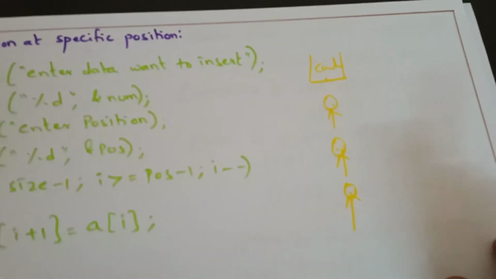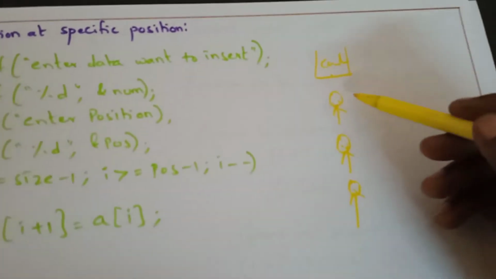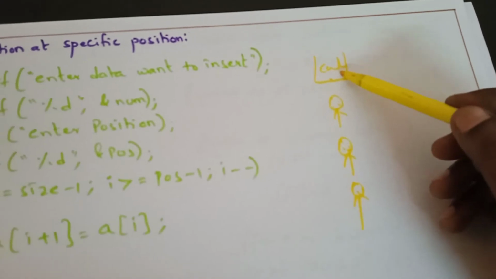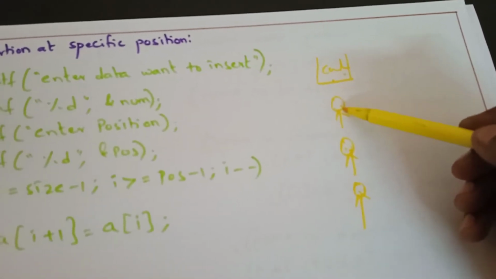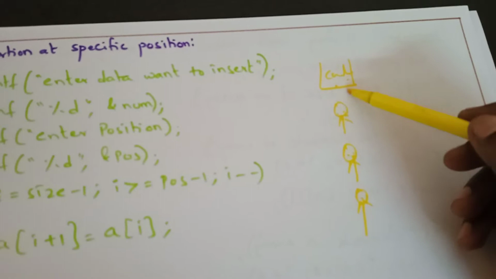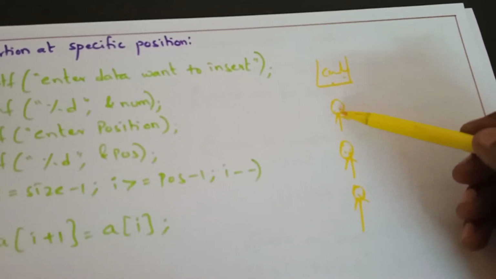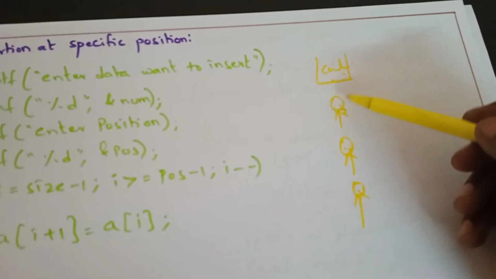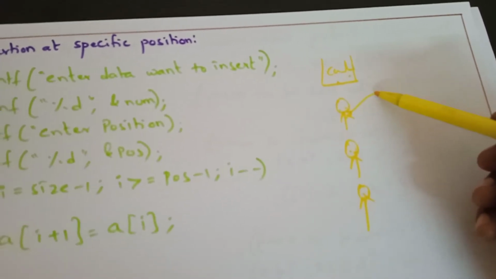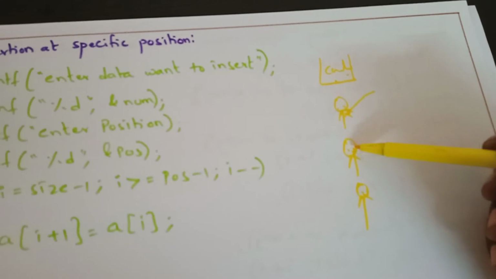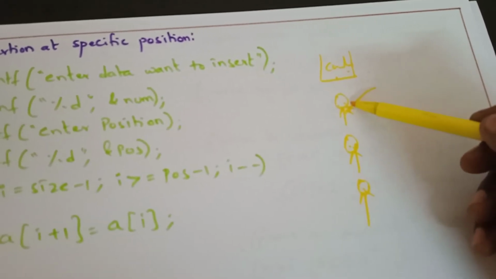Right. Now when the counter person issues a ticket to him, where will he go? After he takes the ticket, he will no longer stand here. He left this place. Am I right? When this place is empty, who will go to this place? The second person will come to the first place, right?